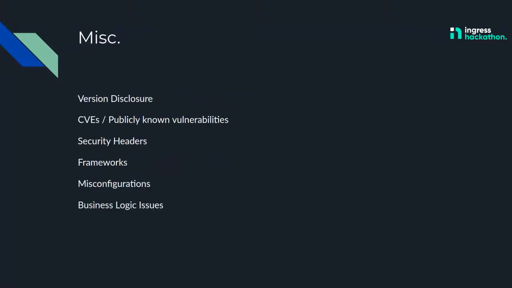Some of the miscellaneous vulnerabilities or issues you should also check for is version disclosure. Using version disclosures, you can check if there are any CVEs or publicly known vulnerabilities, and you could exploit that. Or you could check for security headers.